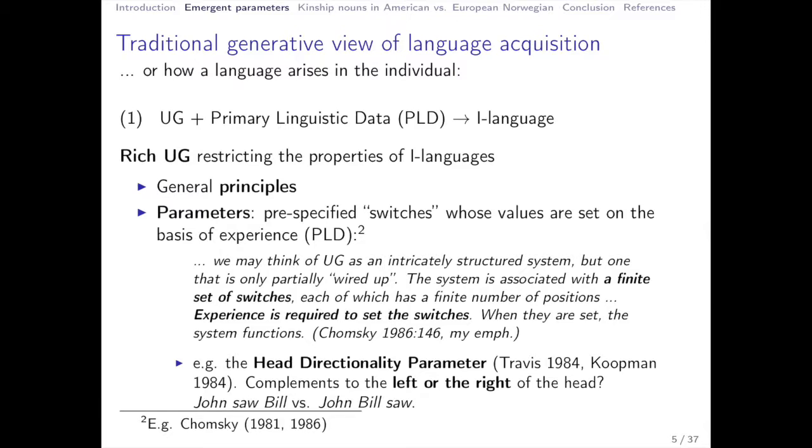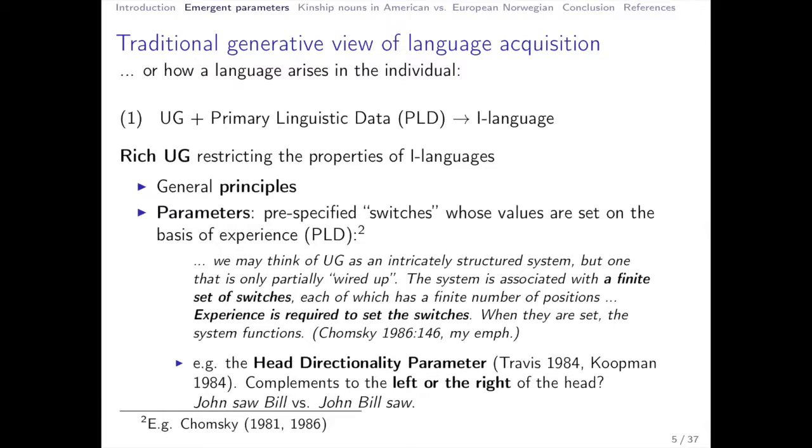An example of a parameter in this sense is the head directionality parameter, which decides whether a head, for example a verb, will take its complement to the left or to the right. So you can have a structure like "John saw Bill," which we have in English. This is the head-initial structure, where we have the head, then the complement following. Or "John Bill saw."